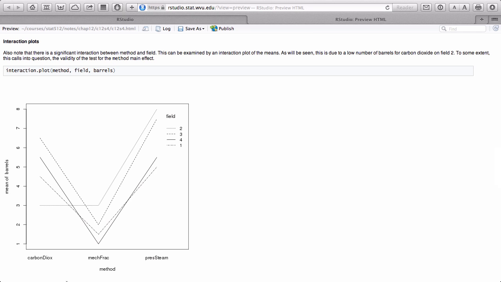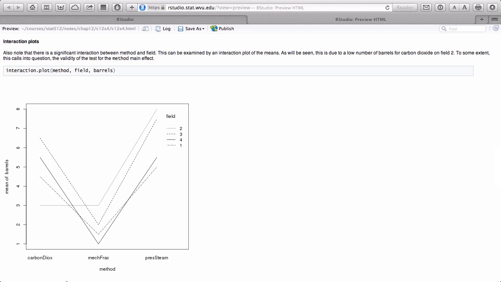Remember I said we have A rows and B columns, and we have observations in each cell. The sample means, or the cell means, are simply the averages within each cell.